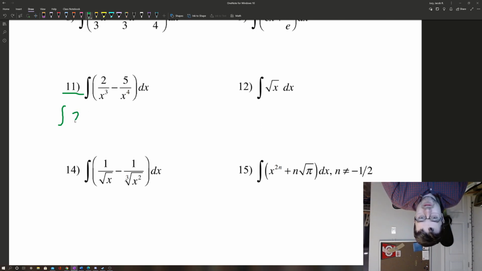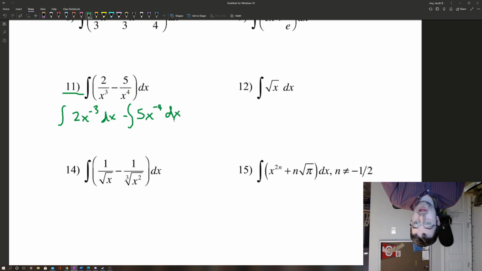So I'm going to write it as 2x to the negative 3 dx minus 5x to the negative 4th dx. And then I can integrate. So I can say negative 3 plus 1 is negative 2. So I've got 2 divided by negative 2x to the negative 2.